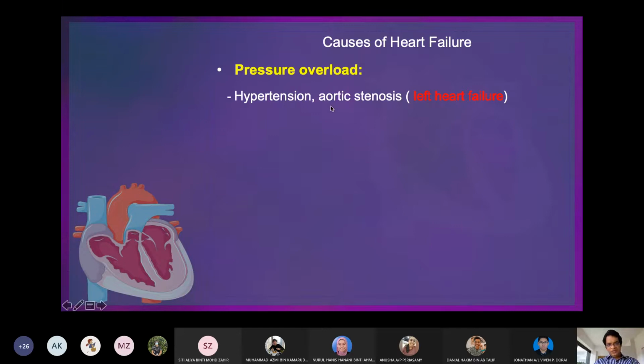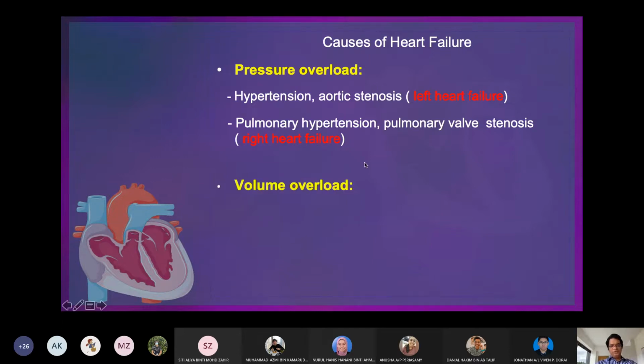So hypertension and aortic stenosis are the most important causes of left ventricular failure. Here pressure is mounting in the left ventricle. For the right ventricle, pulmonary hypertension and pulmonary valvular stenosis, for the same reason. If you make the logic like this, it's very difficult to forget the reason. So these are the pressure overload.